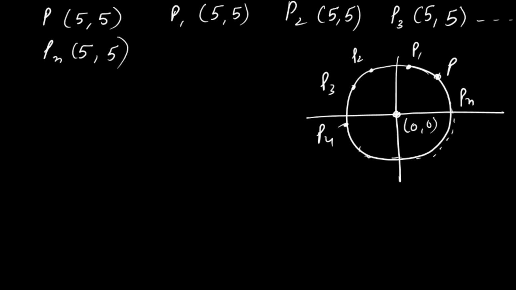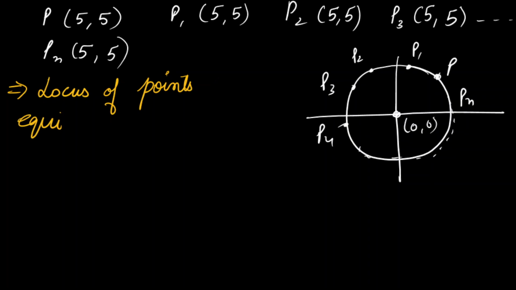So yes, we know one thing. We know the definition of a circle. What is a circle? A circle is the locus of points equidistant from a single point.